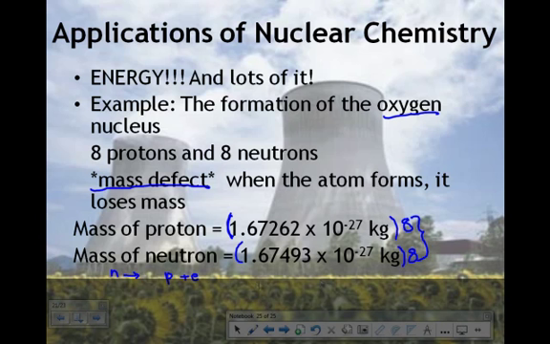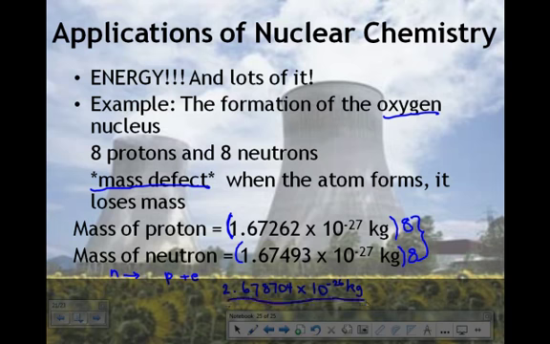If we were to conserve the mass, we should end up with 2.678704. Go ahead and keep all of your digits for now. We'll worry about sig figs later. Times 10 to the minus 26 kilograms. That's what we expect to find for the mass of the nucleus of an oxygen atom.